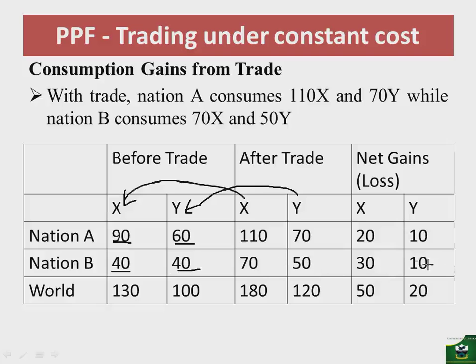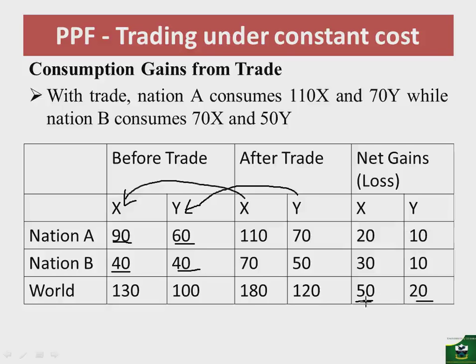And clearly, you will see that the net gain in consumption of X is 50, while the net gain in consumption of Y is 20. Note that these are the same values that we obtained as the net gains in production due to specialization.